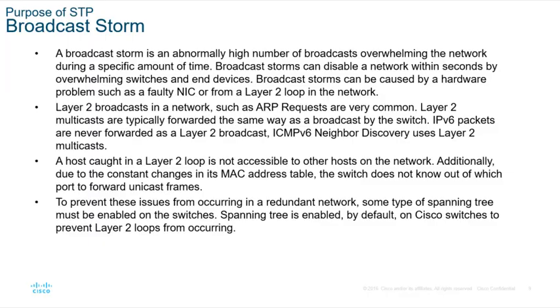So a host port in a layer 2 loop is not accessible to other hosts on the network. Additionally, due to constant changes in its MAC address table, the switch doesn't know out of which port to forward a unicast frame.